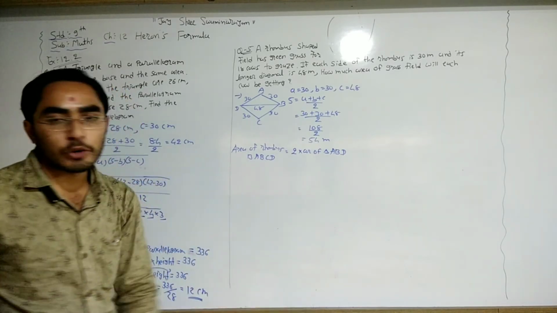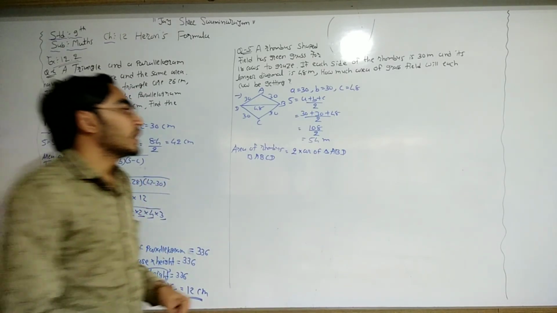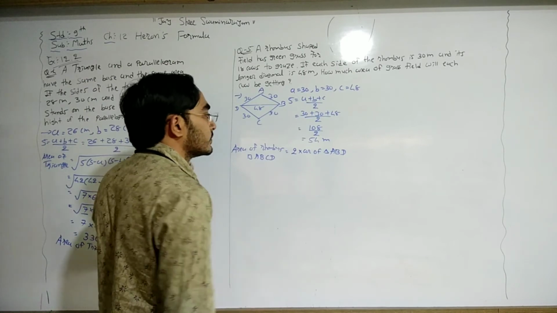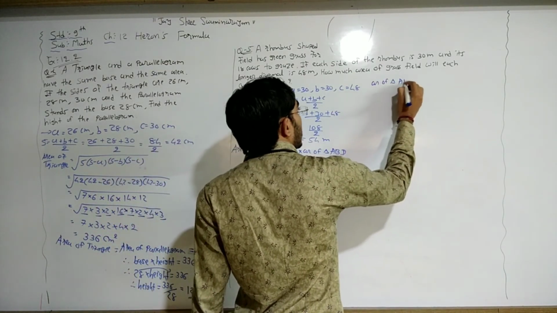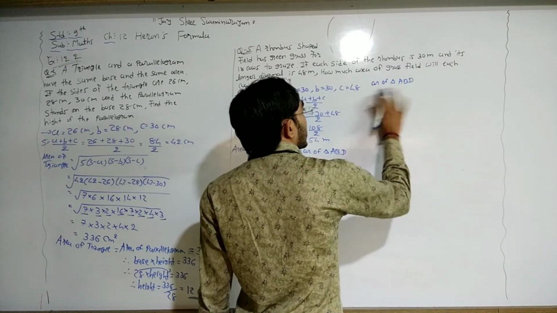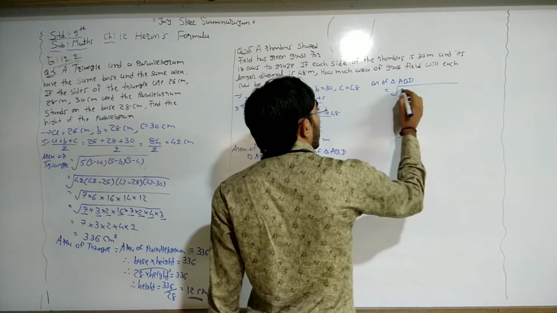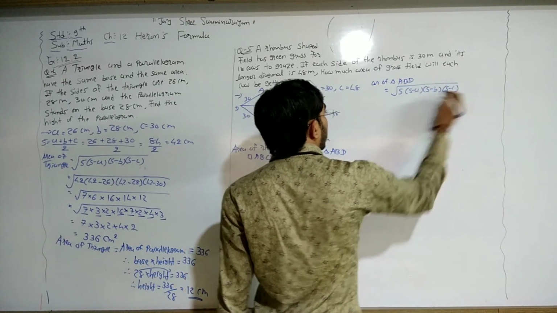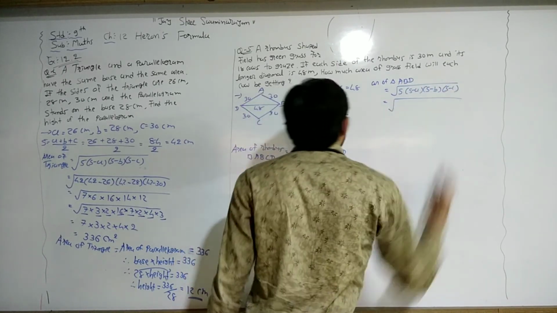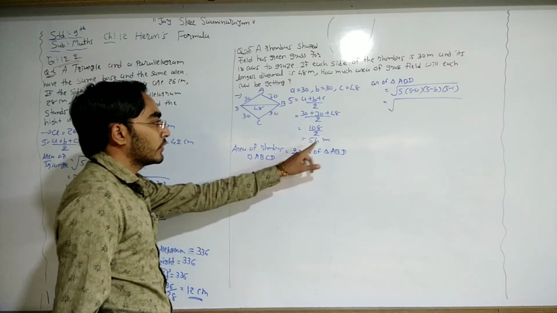Now use Heron's formula for finding the area of triangle ABD. The area is the square root of S times (S minus A) times (S minus B) times (S minus C). Here the semi-perimeter S is 54.